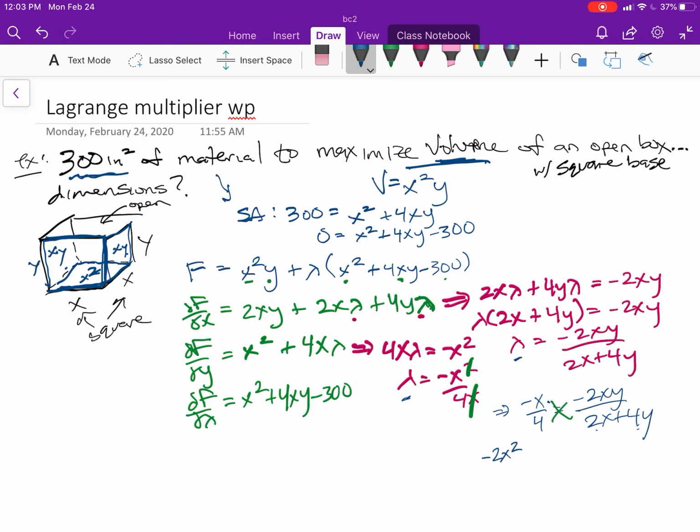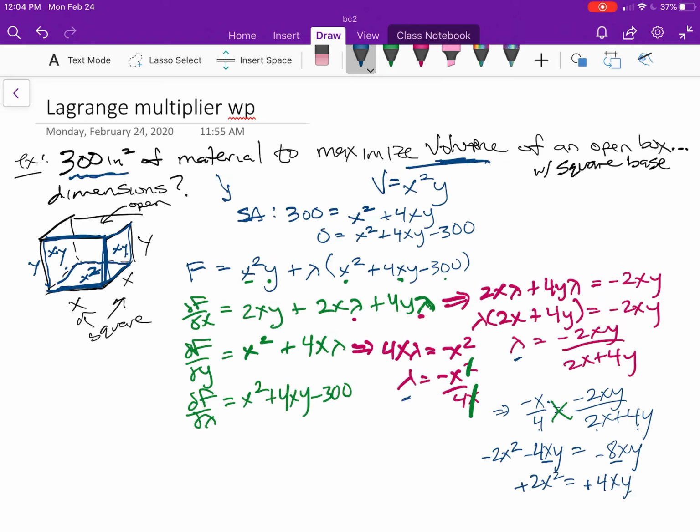So negative 2x squared minus 4xy equals, multiplied by 4, negative 8xy. Again, I don't know what is quite easiest. I think since we have these xy's, let's bring those to the right. Let's add 4xy, so we'd get negative 4xy equals negative 2x squared. Might as well get rid of these negatives. Divide both sides by negative 1.